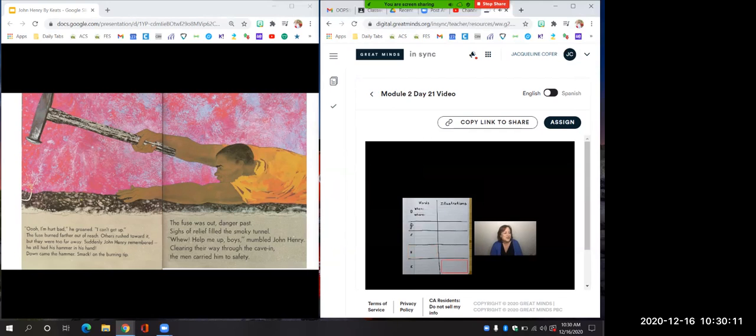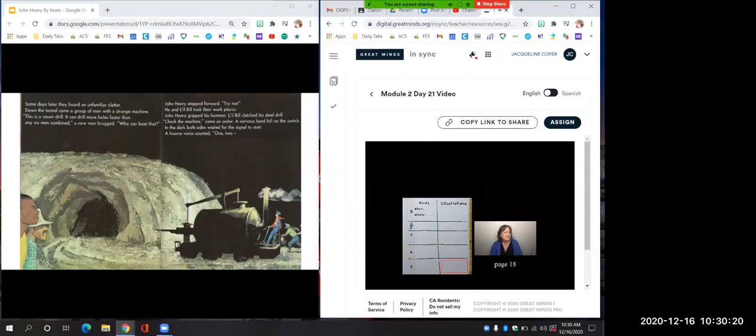Now it's time to draw an illustration for the last main event in this story. Ready? Here we go. Some days later, they heard an unfamiliar clatter. Down the tunnel came a group of men with a strange machine. "This is a steam drill. It can drill more holes faster than any 6 men combined," a new man bragged. "Who can beat that?" I think we know who.